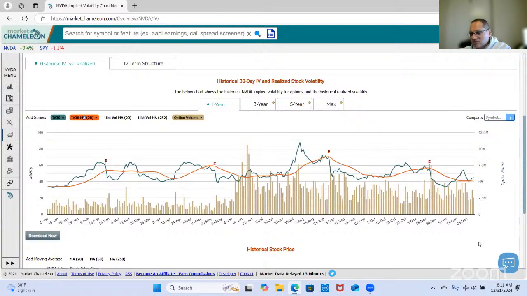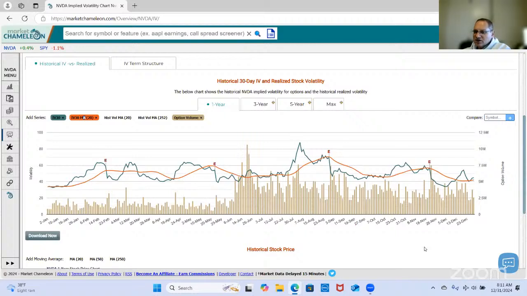And the current implied volatility, you could see it bounced above the 20-day moving average, came back down to it and sits a little bit above. So if we were looking at it as support and resistance, it's close to its 20-day moving average, a little bit above it. And it looks like maybe it's starting to tick up somewhat. Okay.